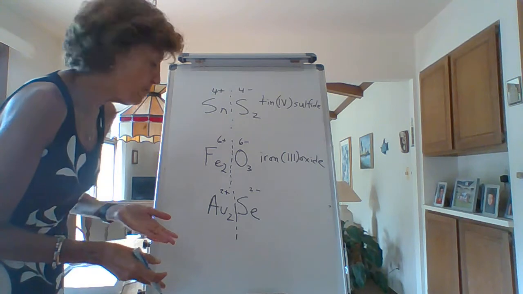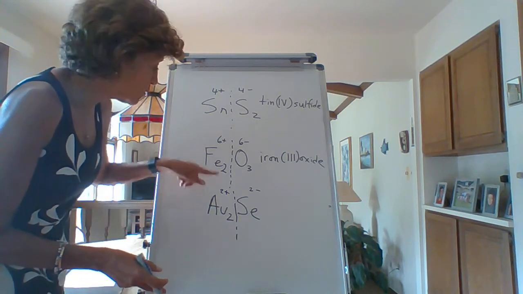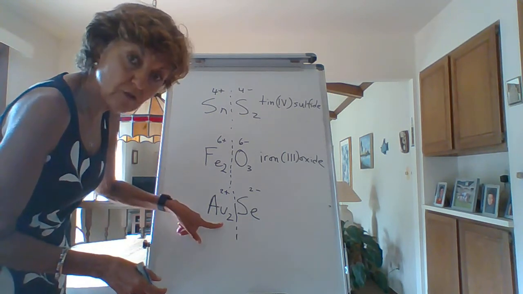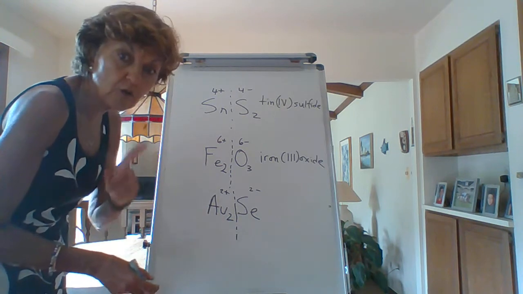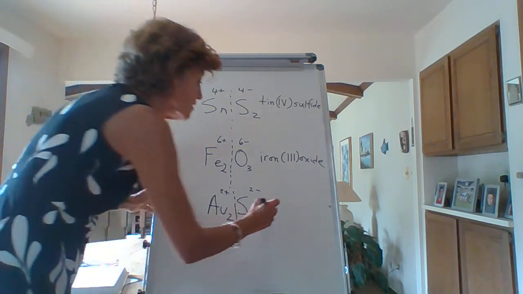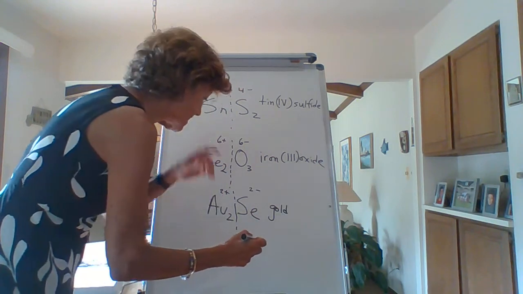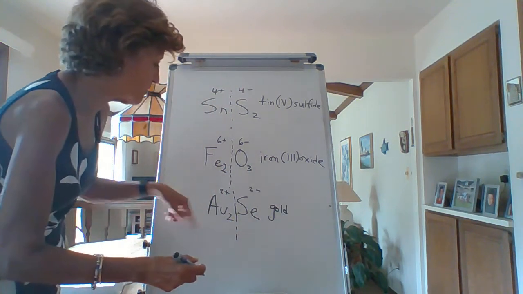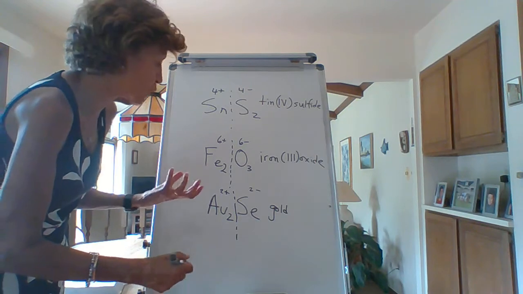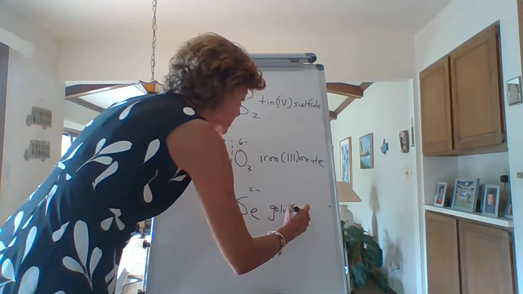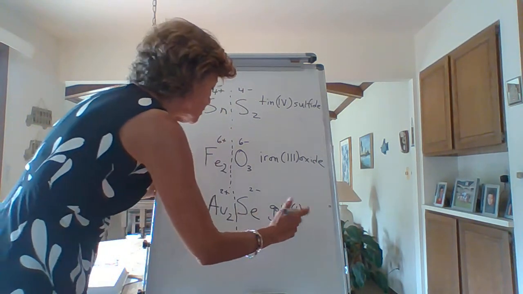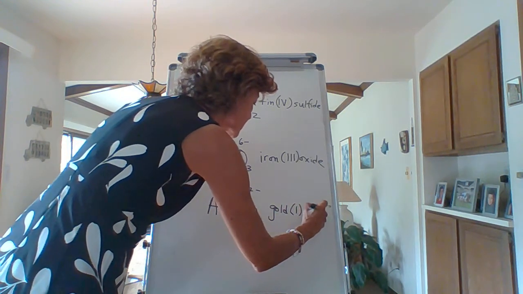Cancel each other out. But I have 2 of them. So 2 divided by 2 is 1. Each gold is plus 1. So you write down gold. Gold is one of those elements whose symbol comes from aurum, not an English name. Okay, gold, Roman numeral 1, selenide.